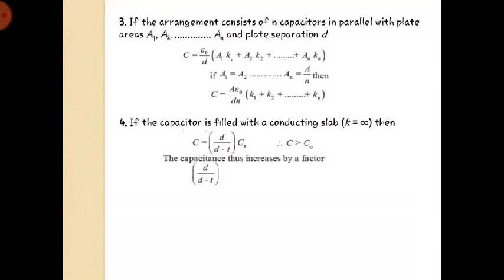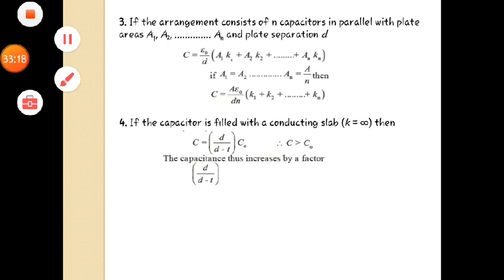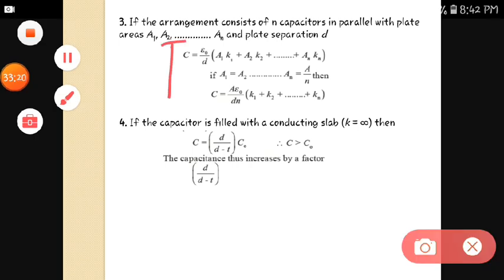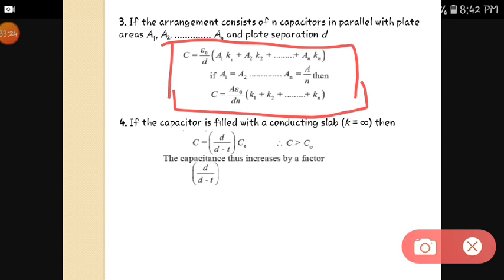Here is the third case in which we are going to say the arrangement consists of n capacitors in parallel with the plate areas A1, A2 up to An. Now, the new term which we are going to see over here is that areas are different for each plate. So we can write this like this. C is equal to epsilon 0 by D, which will be the same.